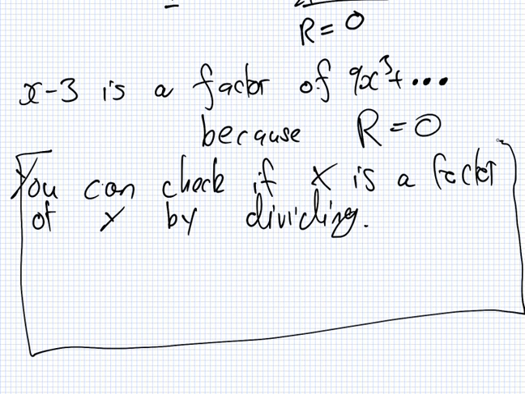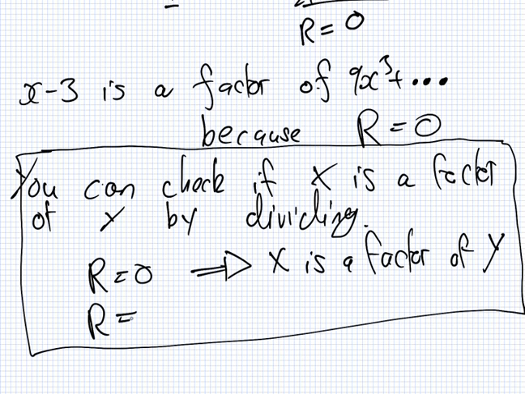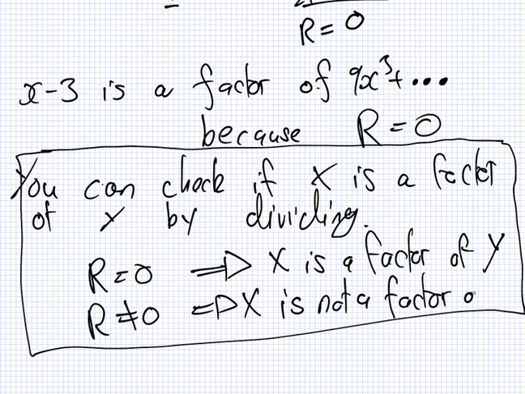Sorry, I know this is looking a bit messy. If the remainder equals 0, that means x is a factor of y. And if the remainder is not 0, then that simply means the opposite: x is not a factor of y.